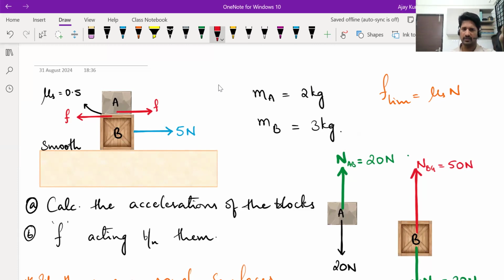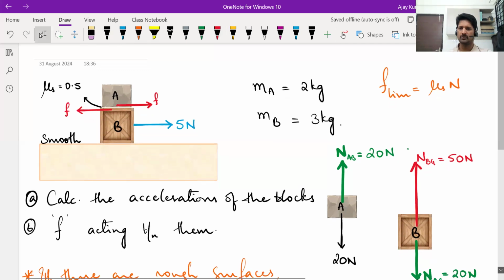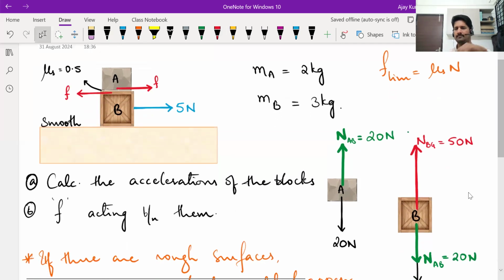Now, some of you tried to calculate the amount of friction. Tell me how much friction acts between the blocks. We know how much is the normal force between them. So tell me how much friction acts between the blocks.